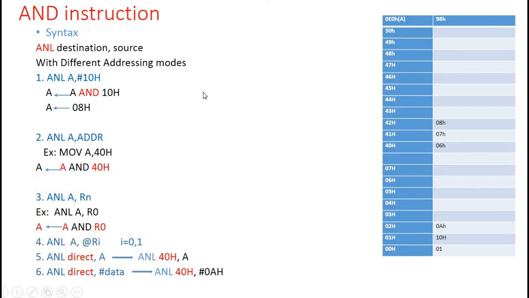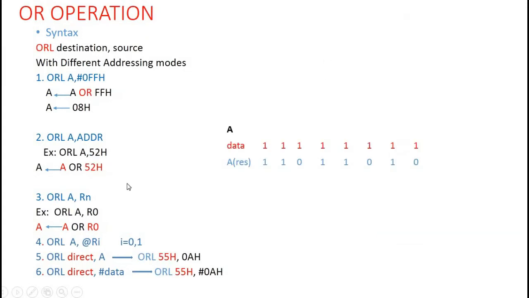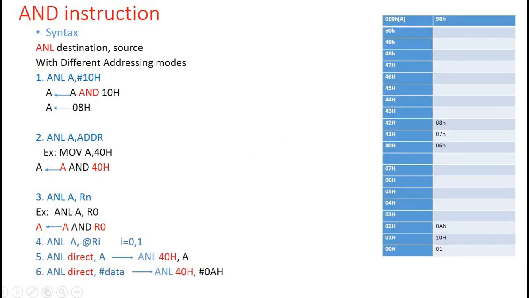Now we'll do the AND operation between these. First I will represent 98H in binary form, that is 1001, 8 is represented by 1000.